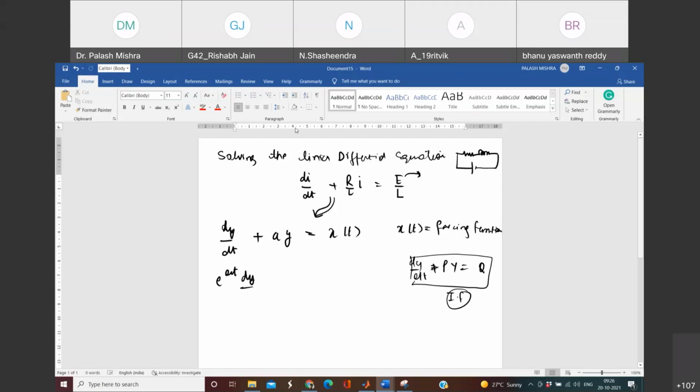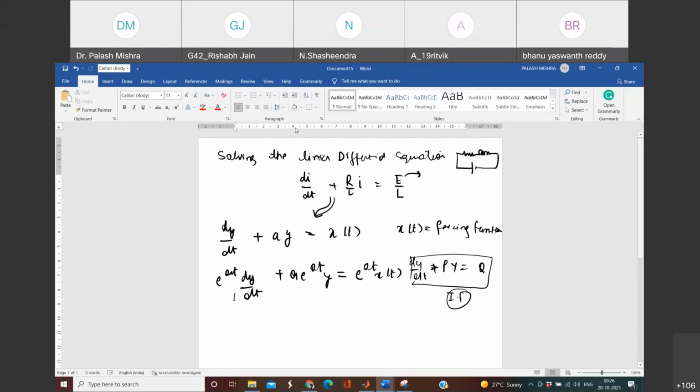And this will go to dy/dt plus a e to the power of at times y equals e to the power of at times x(t). Okay.